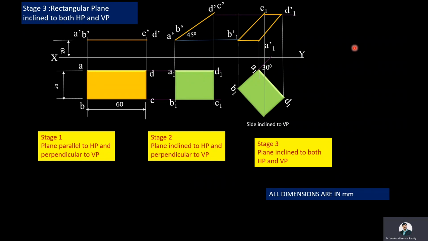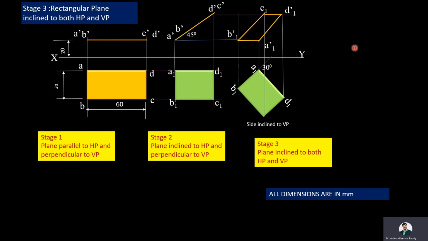In the case of planes inclined to both the planes, the problems can be solved in three stages. Stage 1, initial position assumption; stage 2, surface inclination; stage 3, side or diagonal inclination.